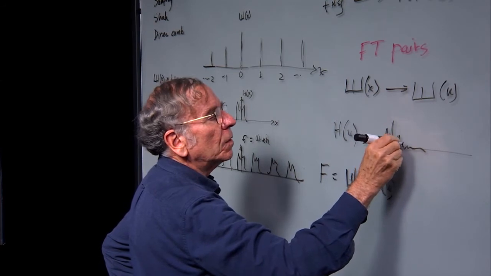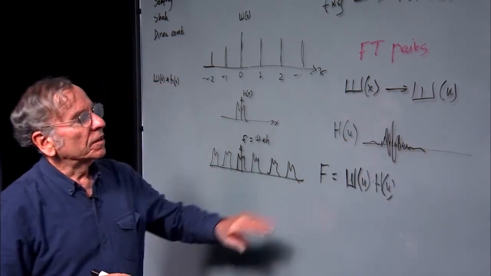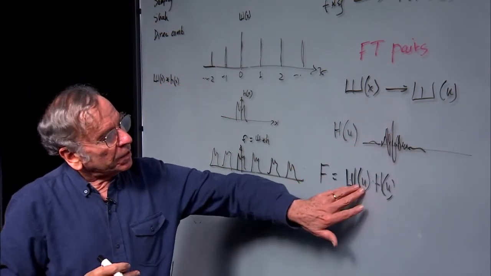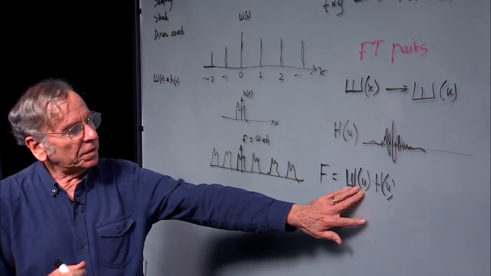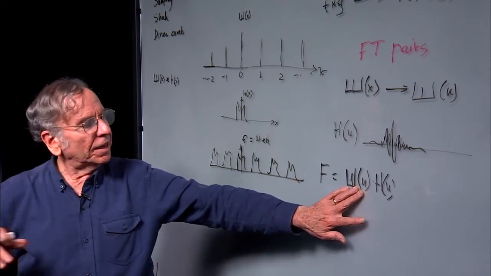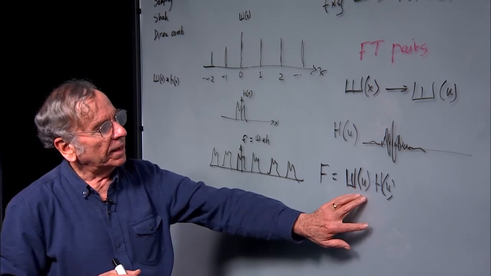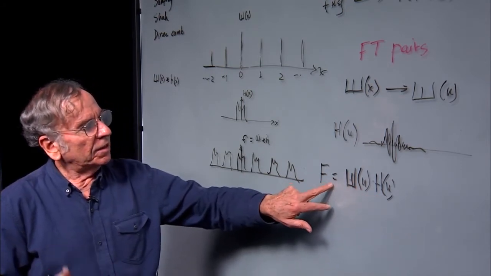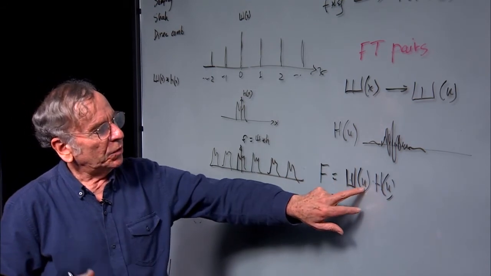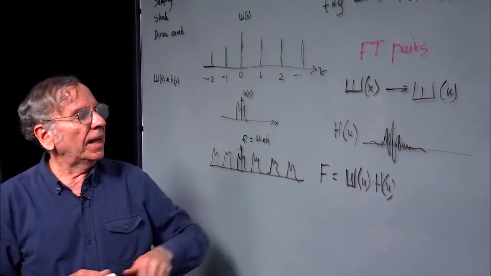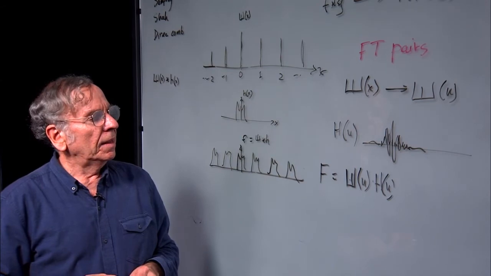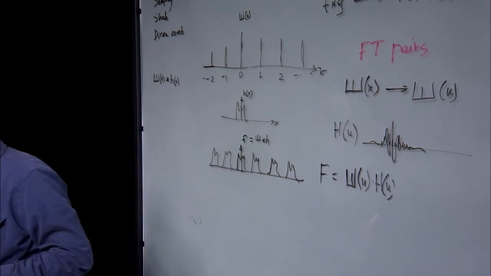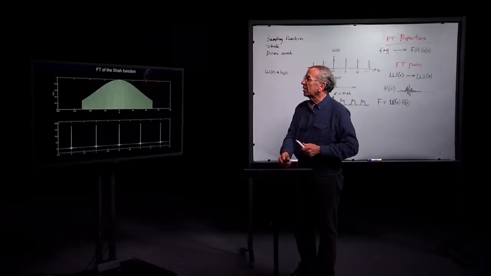And in this case, the Shah that we're going to be using is something that looks like a whole lot of delta functions, because what we're doing is taking the sampling function, which has delta functions at regular positions along the x-axis, and the only points at which f has a non-zero value are the points where the Shah function has a delta function. So let me show you this in a numerical calculation.